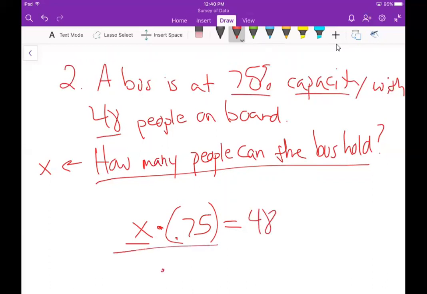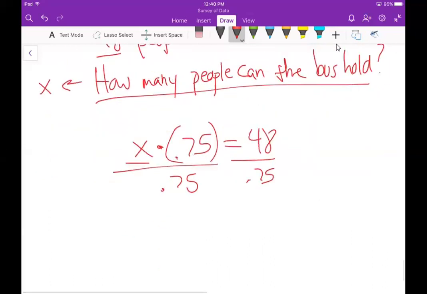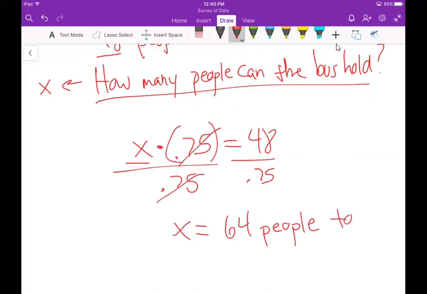So again, I need to divide by 0.75 to get from the part back to the total. And x here then, again, since we're talking about people, we'll round to the nearest whole number, and we're talking about that the bus can hold 64 people total. That's the capacity of the bus.